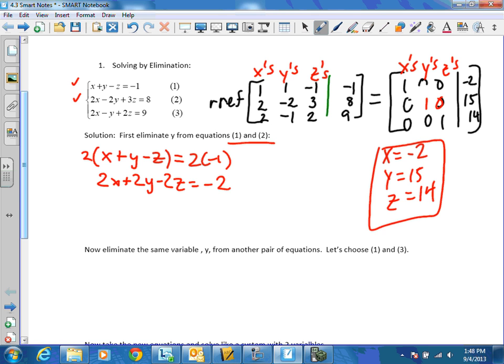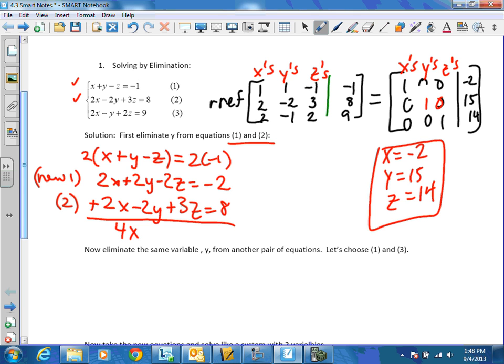And then I can put it with, so that's our new one, right? And then we're going to put it with 2. 2x minus 2y plus 3z equals 8. And we can add together, which makes 4x plus z equals 6.